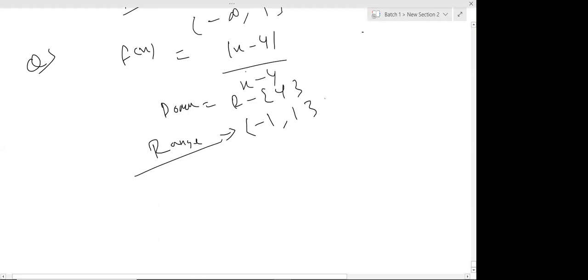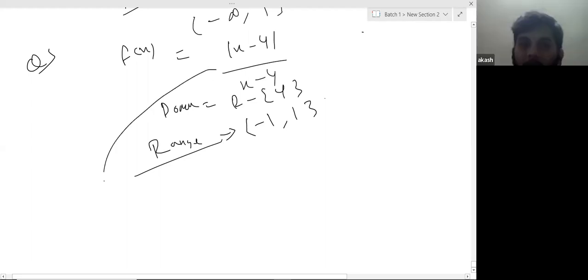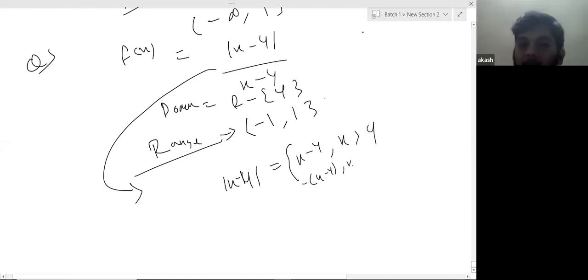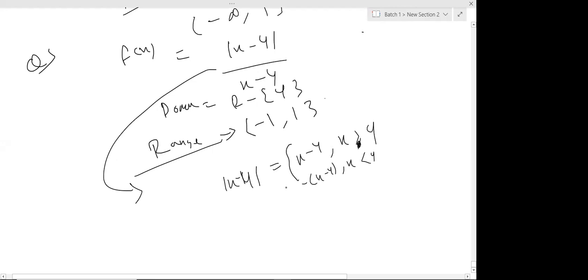Yes, sir. And how to solve this, if you want to know, open this modulus. I know that mod x minus 4 will be equals to x minus 4 when x is greater than 4, and minus x minus 4 when x is less than 4, but equals to will not be here because x cannot be 4.